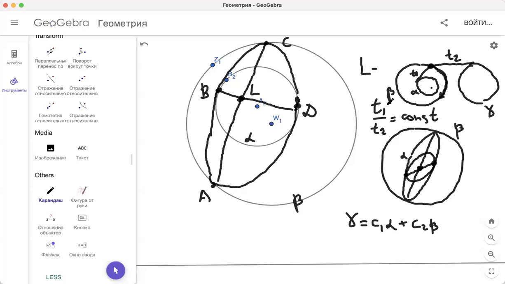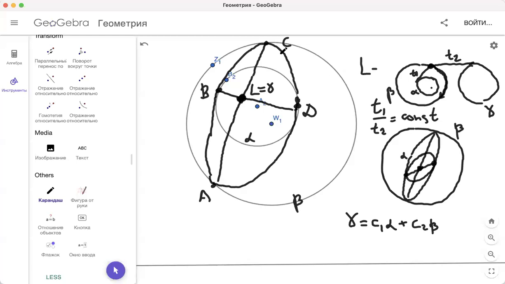Okay, and here I can take one circle, gamma, as the limiting point. So the limiting point is also a circle of zero radius. So this point L is equal to the third circle, circle gamma.